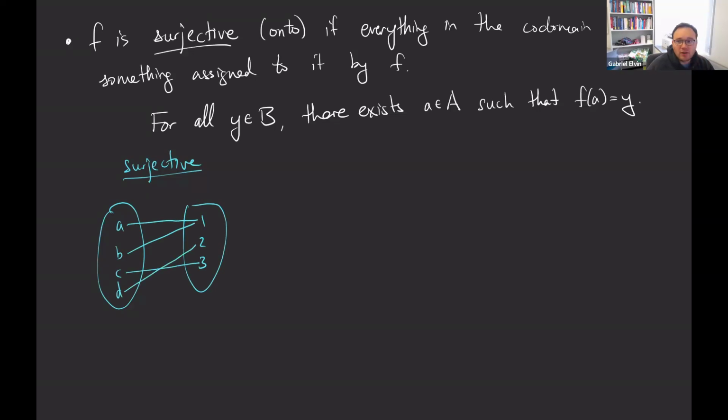So how do you check surjectivity? Well, you look at the codomain and make sure there's always some line pointing to it. So you say, okay, something goes to 1. Yes, A does, so does B. Something goes to 2.